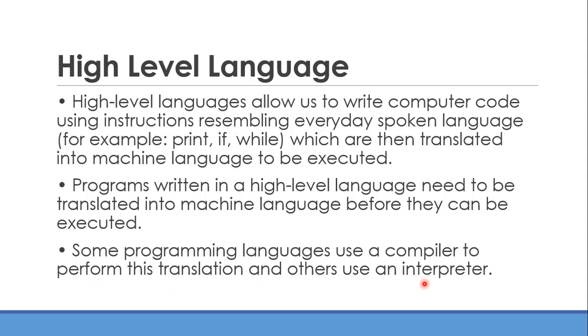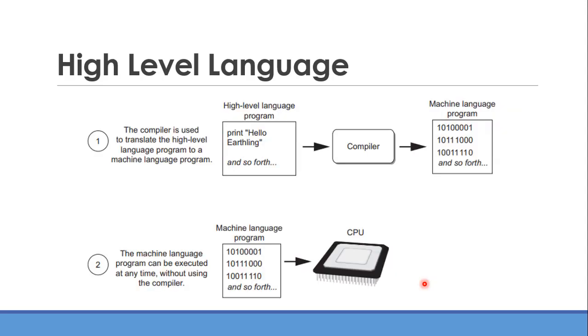Usually a programming language or software has a compiler, or otherwise an interpreter. So this is the idea. For example, the compiler is used to translate a high-level language program to a machine language program. Here the program is print hello earthling.